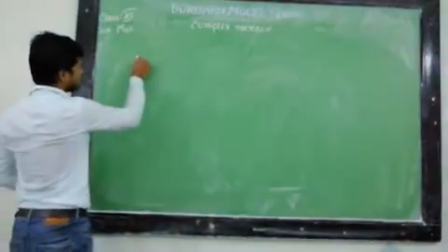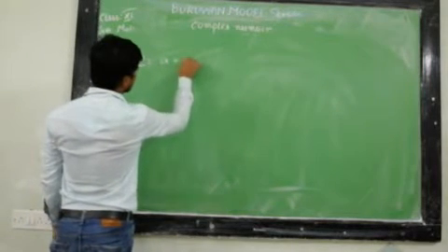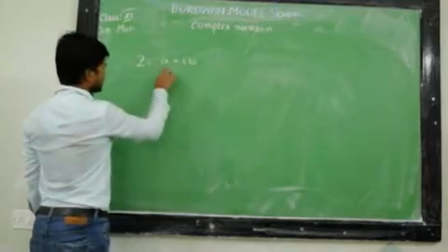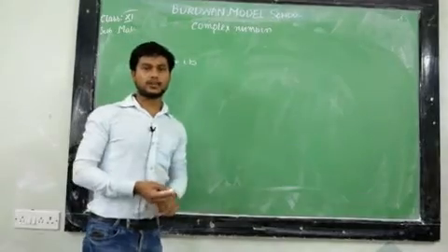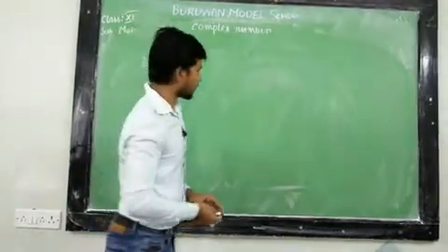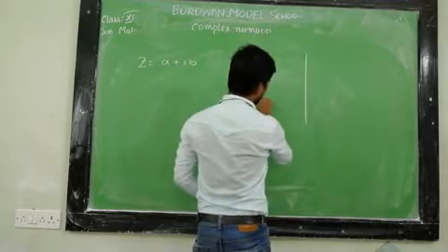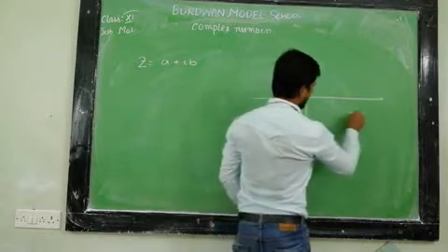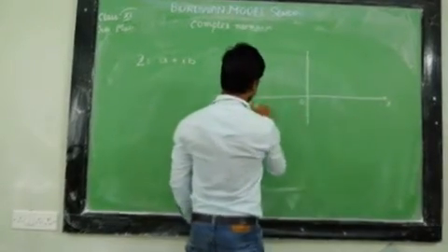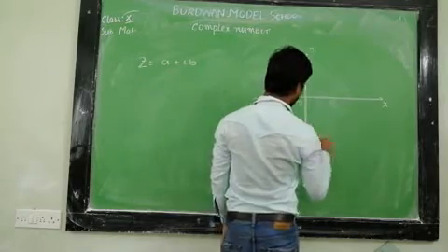Now look, we denote a complex number by z equal to a plus ib, where a is the real part of the complex number and b is the imaginary part of the complex number. Now if I take a set of rectangular axes as XOX' and YOY'.